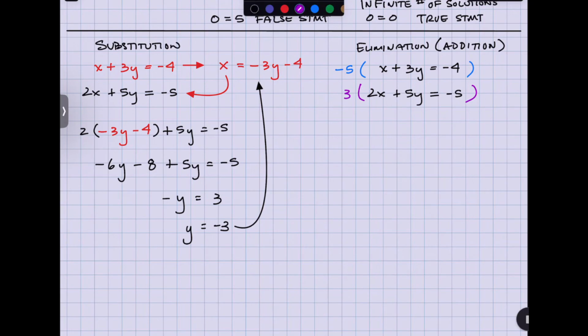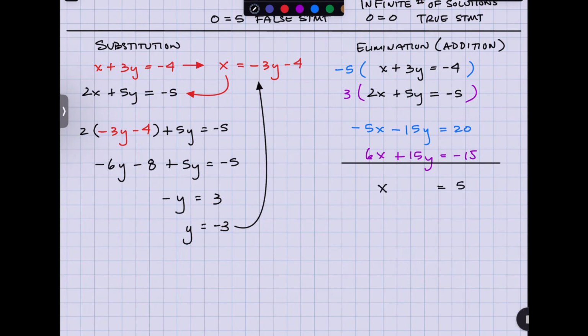So I will rewrite this. I get -5x minus 15y is equal to 20. Distribute a 3 in, I get 6x plus 15y is equal to -15. The reason why it's also called addition is because we add those together so that we get x is equal to 5.